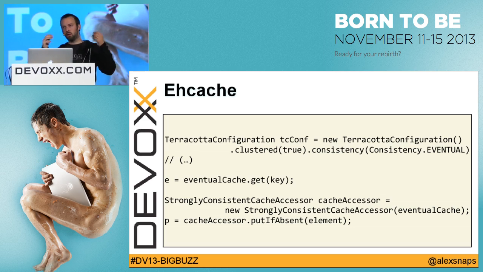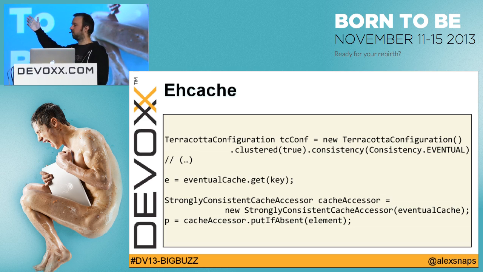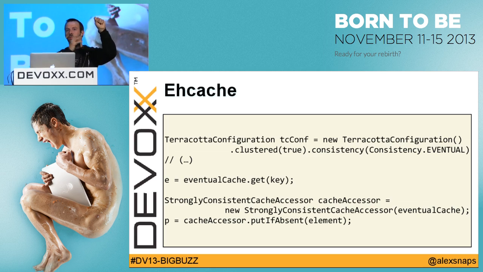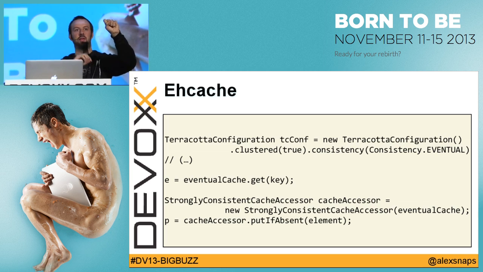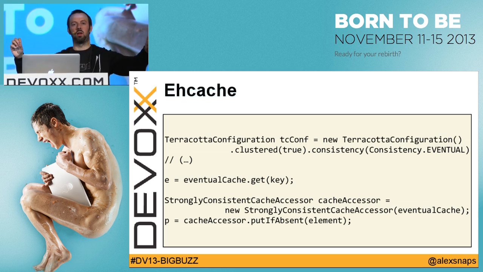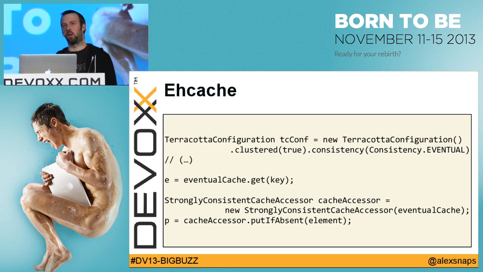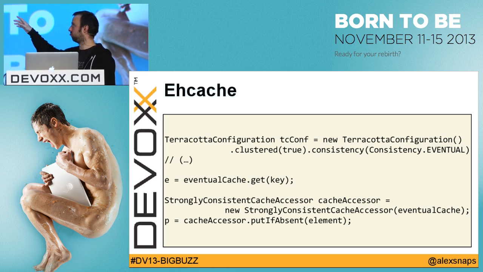The most obvious way to do this would actually be to do what the strongly consistent cache accessor does for you, which means wraps everything inside locks, right? I lock the value for a write, read it, make sure it's still available, book it, put it back to the cache, release the lock, right? That's what this does. Basically, the read could happen using the strongly consistent cache.